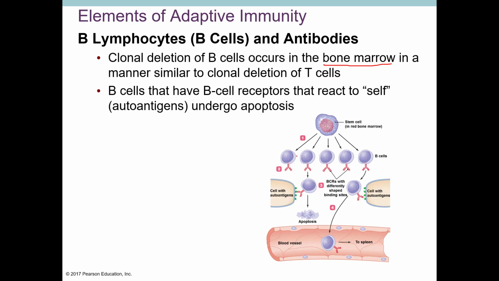We're not going to dig down too deep into this, but just like before, any B cell that is autoreactive will die. So they're showing you here a B cell that's autoreactive will die. B cells that are not autoreactive are allowed to live. Again, this prevents autoimmune disease, which is where the body reacts to self. So apoptosis, again, is what happens when a B cell reacts to self.